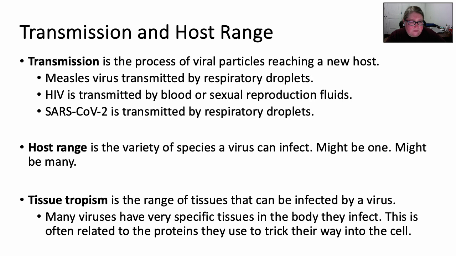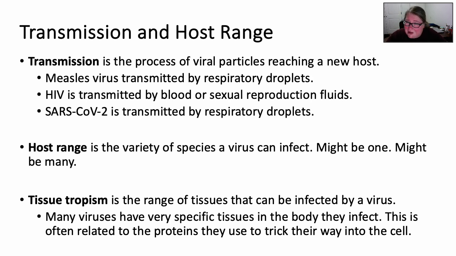Now, all viruses also have a host range. Okay, the host range is how many species that virus can infect. Some viruses have a host range of one. HIV, human immunodeficiency virus, has a very narrow host range. It can only infect humans.